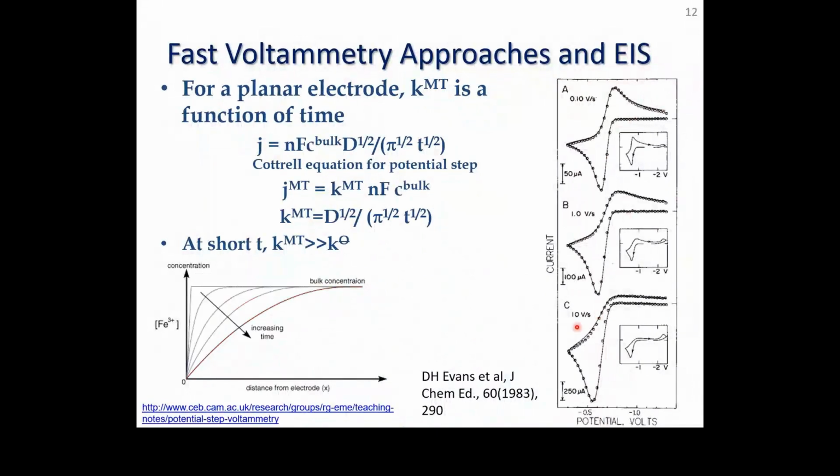But as you increase the scan rate up to 10 volts per second, it becomes quite irreversible, and you only see the reduction step and you don't see the reoxidation. And this is just an example of going to faster and faster scan rates. You can actually start seeing the effect of only one of those processes and start understanding the kinetics.